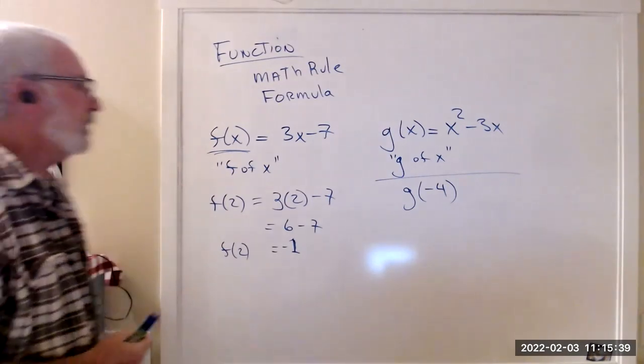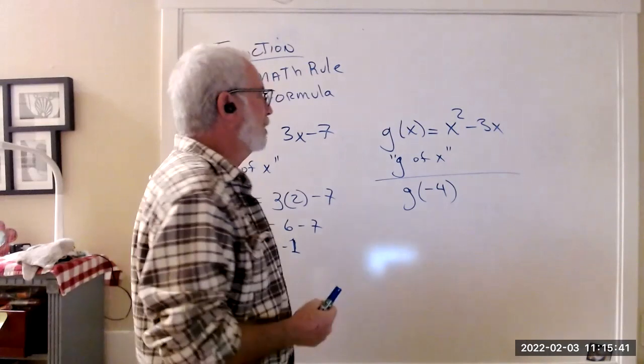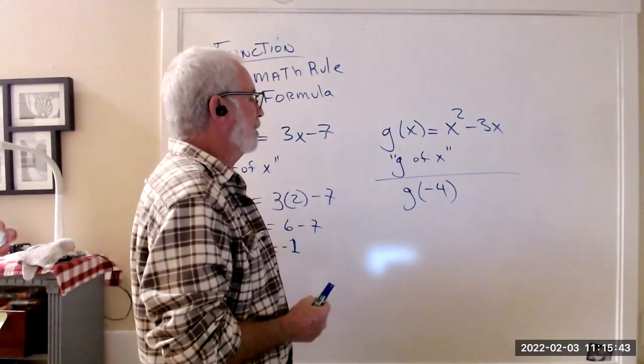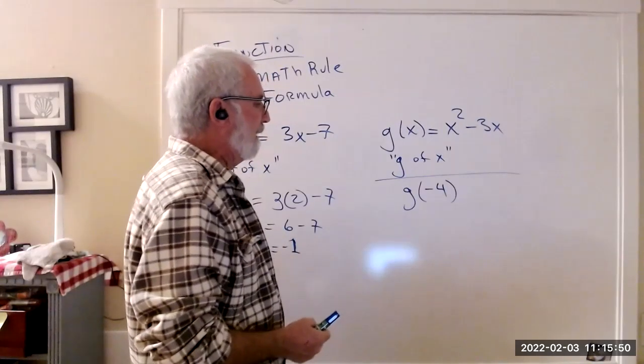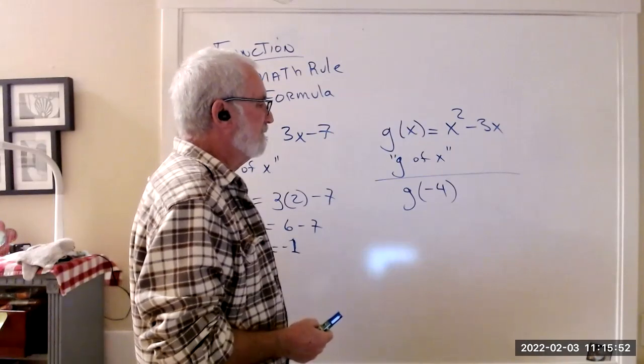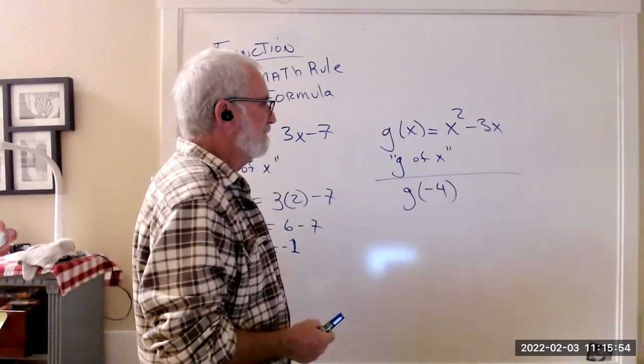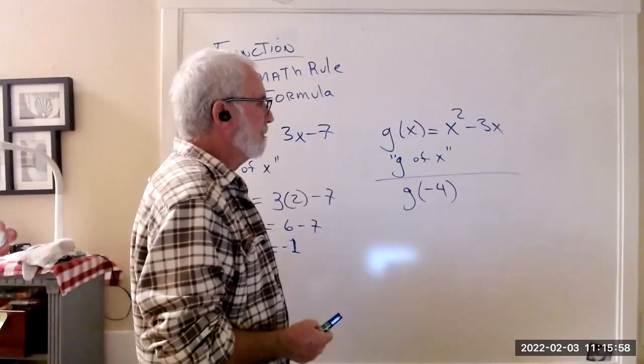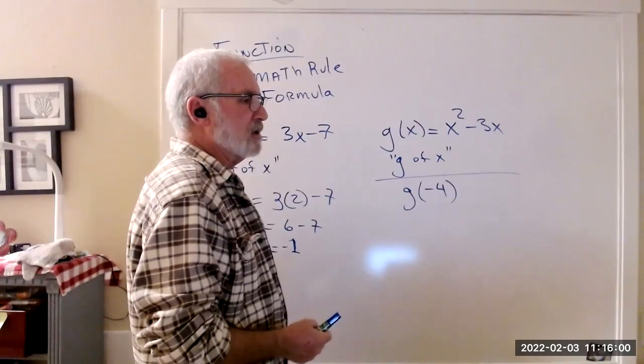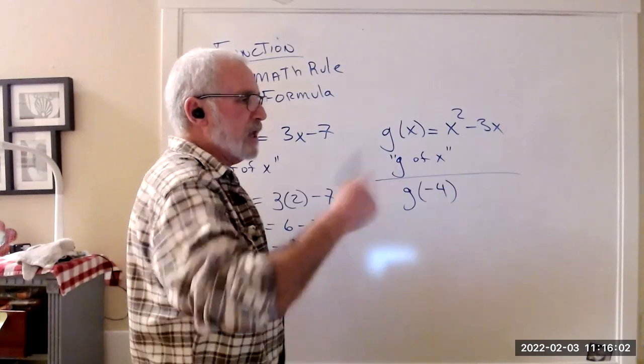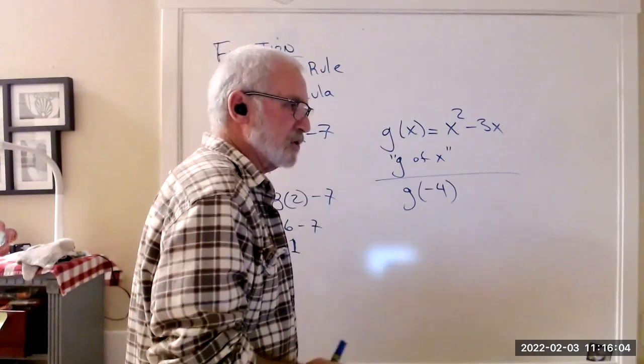Anybody think they got an answer? 28. 28? Anybody get a different answer? Four. 4? Okay. 28 and 4 are the two most common answers that people get.